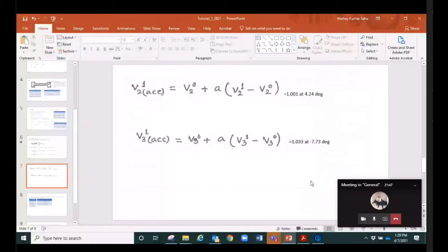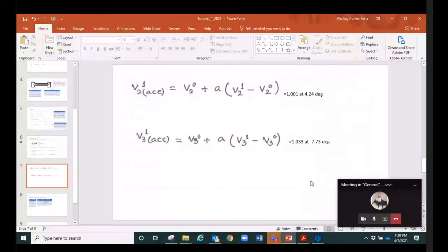Now these accelerated values are more accurate as compared to the ones that we calculated in the first place, because if we want to use the iterations of Gauss-Seidel method, we will have to continue until we find that a defined tolerance value is met, meaning the difference between the two consecutive iterations should be smaller than the tolerance value.